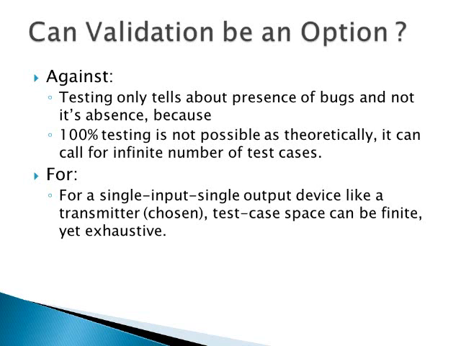People are very paranoid that software means there can be a bug. But for a simple system, a single input, single output system, the test space can still be finite, and you can do exhaustive testing.